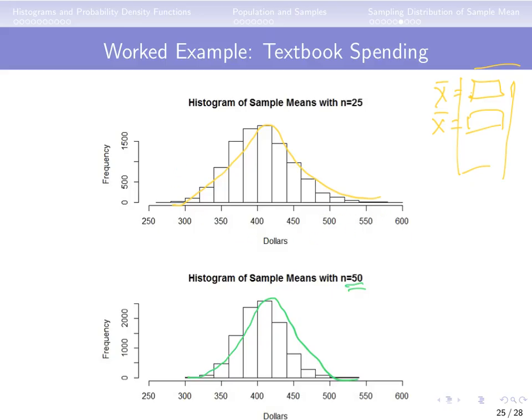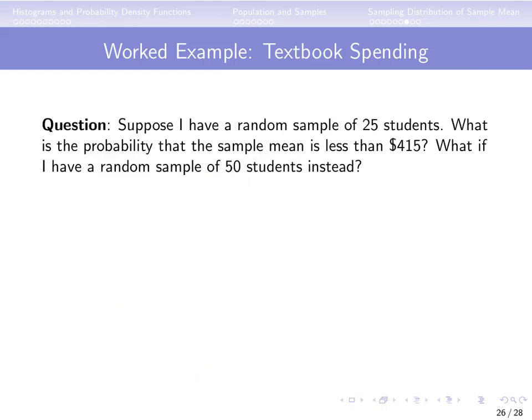Now let's see how we can perform some calculation over here. Let's say you have a random sample of 25 students. What's the probability that the sample mean is less than $415? Let's work this out.